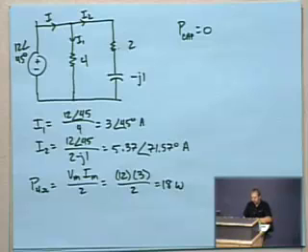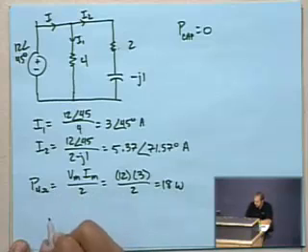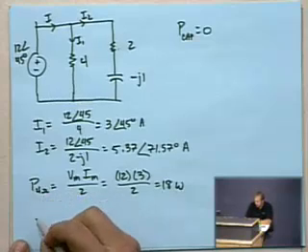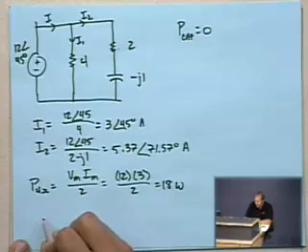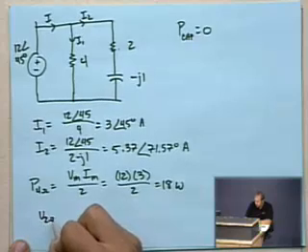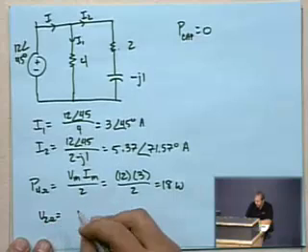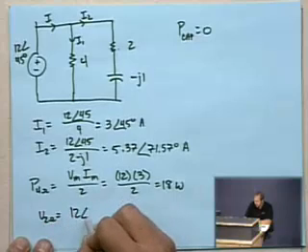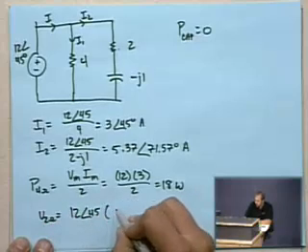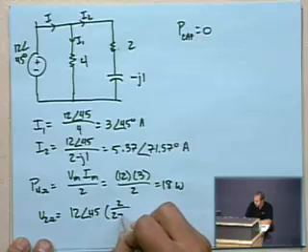Now I'm kind of curious to see if I can get the same answer here. We should be able to do a voltage divider, and I want to see if this works. The voltage across the 2 ohm resistor is going to be some fraction of the original voltage given by 2 over 2 minus J1.